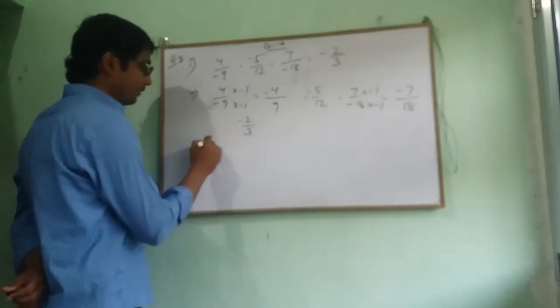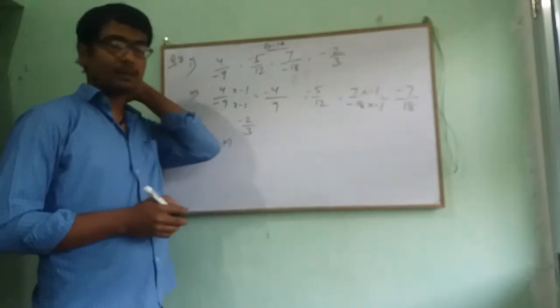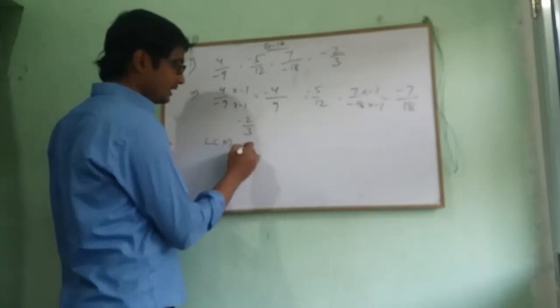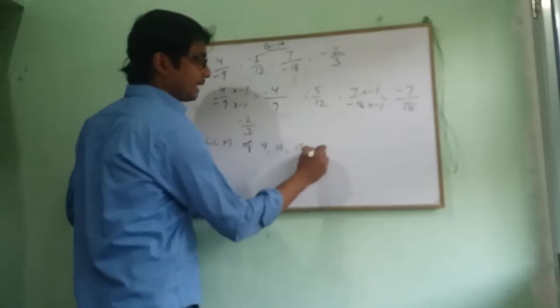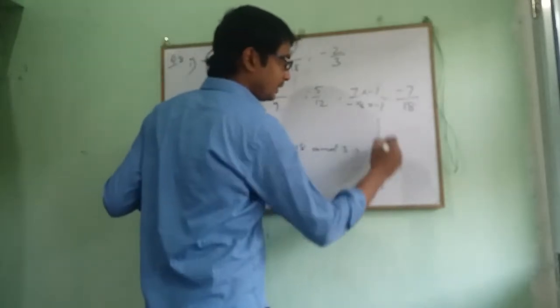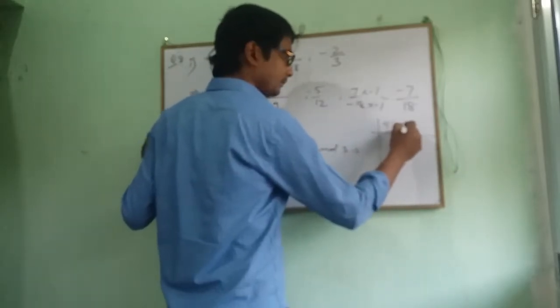Now what I will do? I will take the LCM of the denominators of these rational numbers. So the LCM of 9, 12, 18 and 3, using the prime factorization method, you can take the LCM.